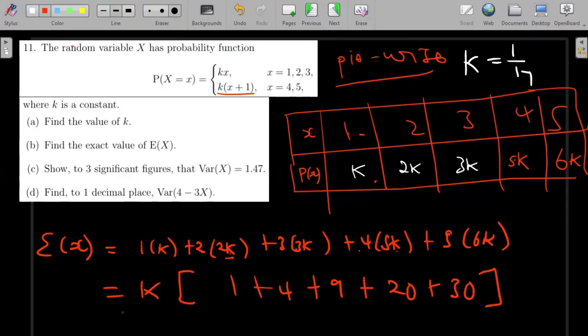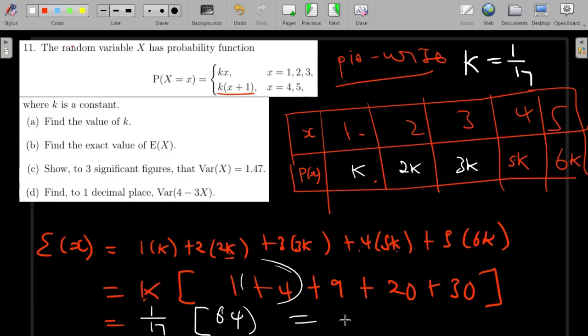So what I have here is the k, we know it's 1 over 17. And then in the brackets, we just have to add the numbers. So this is 5, this is 50, so this is 55 plus 9. 55 plus 9 is 64.